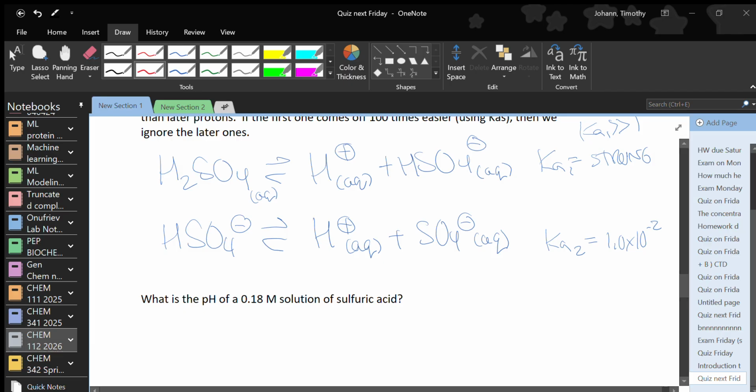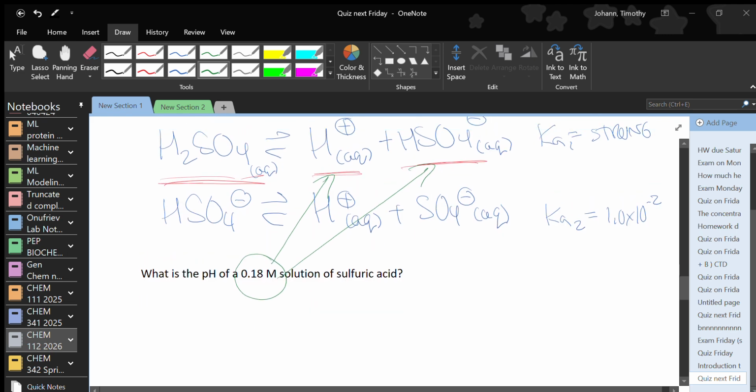So for every one of these that dissociates, how many of these do we get? 1. And how many of these do we get? 1. And so we can just say that it fully dissociates, so that's my concentration of each of these, right? We can do that for the strong acids. And then calculating our pH is easy. We're ignoring the second dissociation.